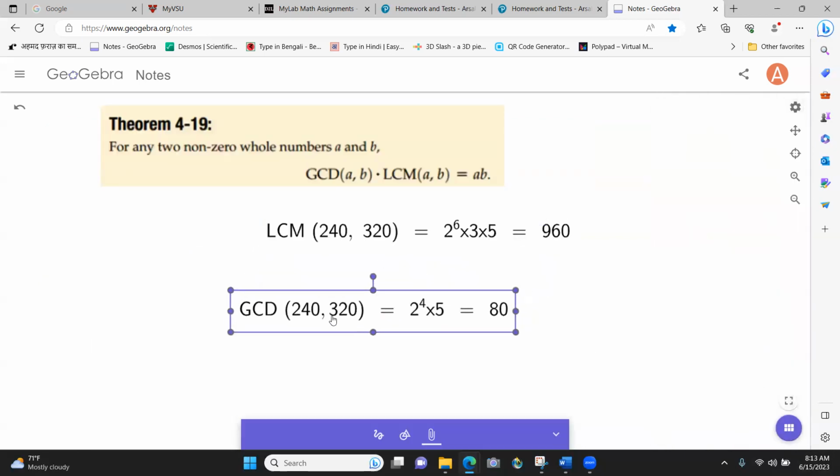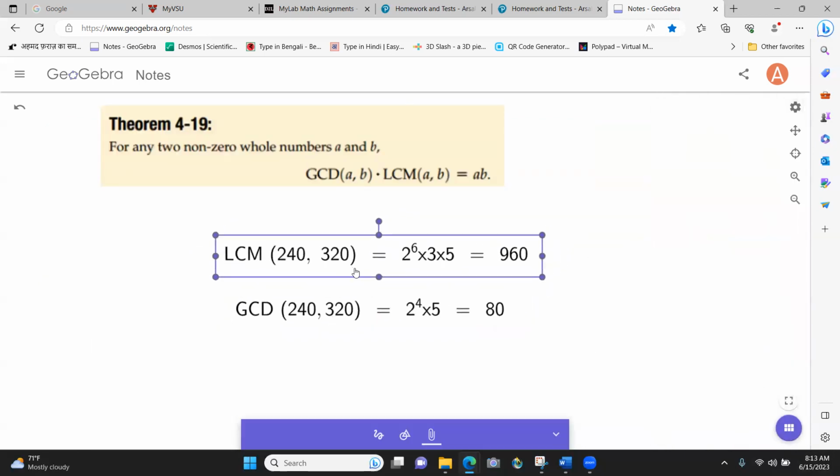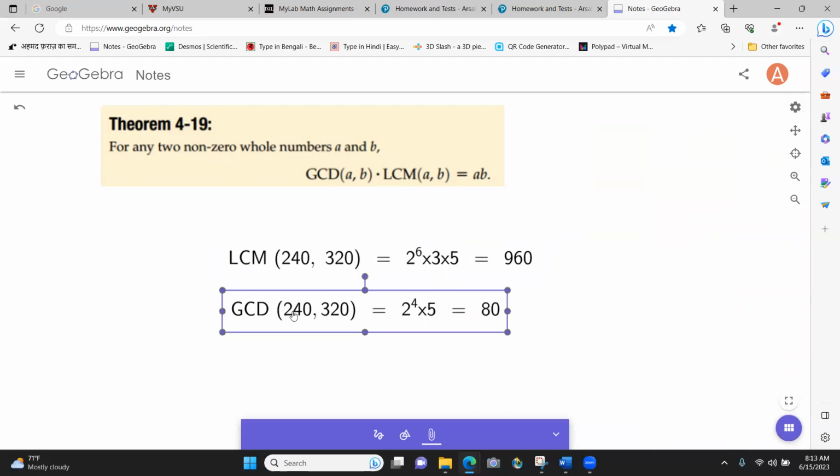There was a reason why we chose the same pair. The GCD and LCM of 240 and 320 are: the GCD is 80 and the LCM is 960. They have a very nice property. If you multiply 80 by 960, you're going to get the same answer if you multiply 240 by 320. That's all they're trying to say here.